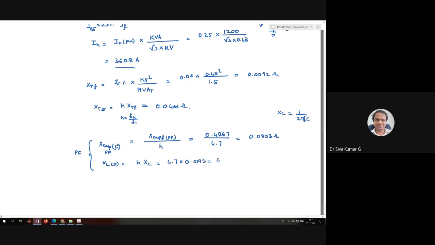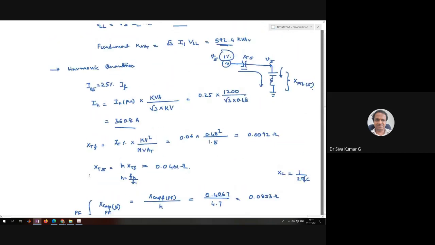We get about 0.0966 ohms. Now, with the fifth harmonic voltage, what will be the fifth harmonic current which is going to flow?